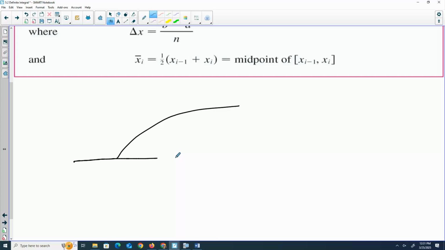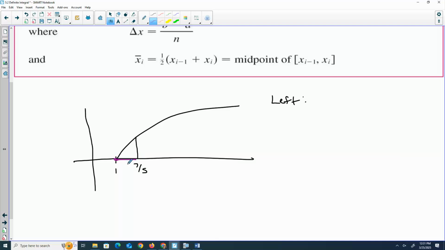Let's say this is starting at 1, and I'm going to go up by 2/5, so this one will be at 7/5. If I were doing a left-hand sum, I would be treating my rectangle as starting at the left-hand point between the two, so a left-hand sum would start at 1.